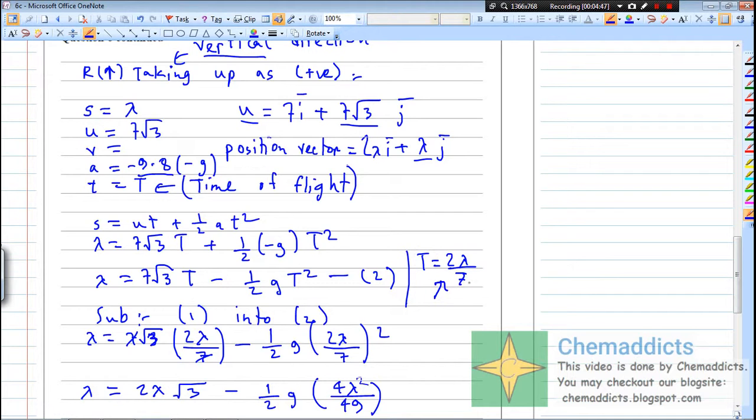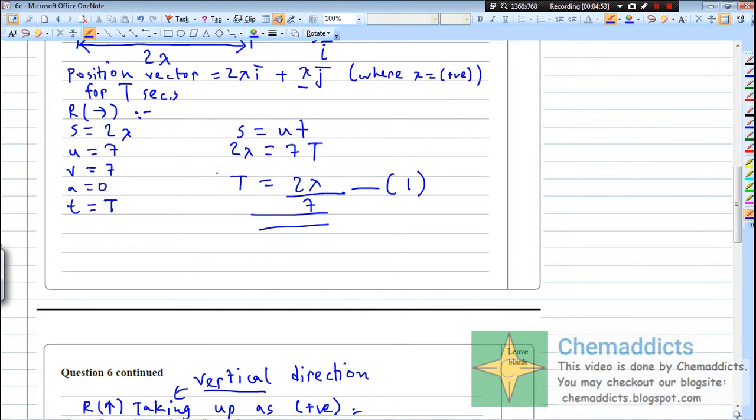Substituting the value of lambda into equation 1, 2 multiplied by lambda, which is 6.16, divided by 7. So here the value would be 1.76.